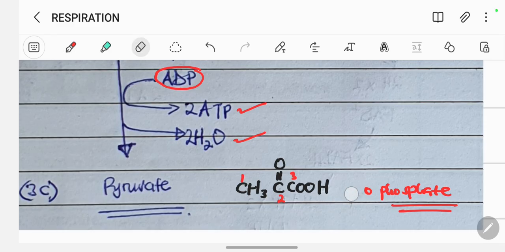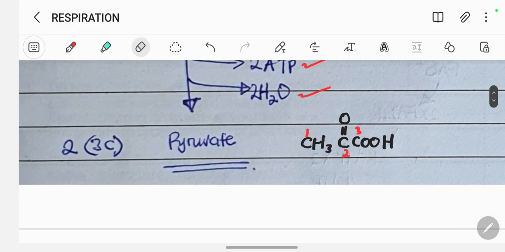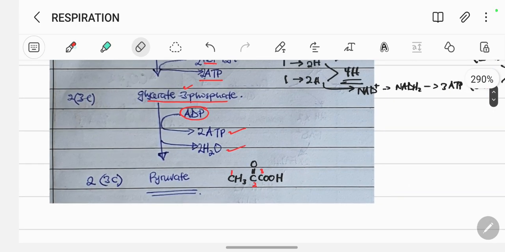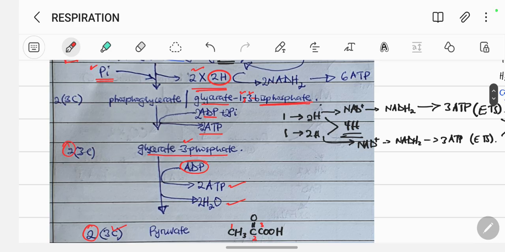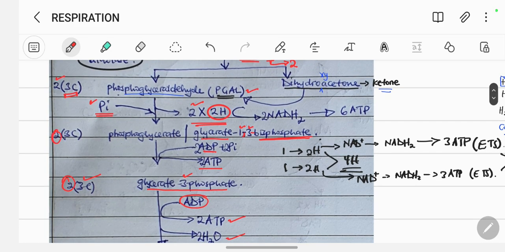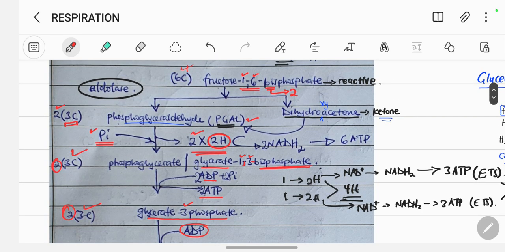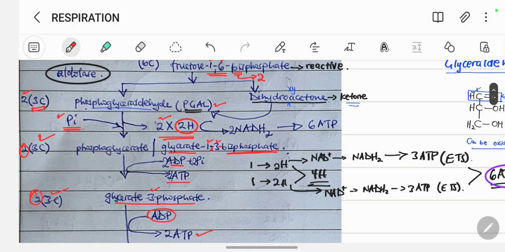So after seeing that, I want you to observe keenly this. We have 2 molecules of our pyruvate, 2 molecules of our glycerate 3-phosphate, 2 molecules of glycerate 1,3-bisphosphate, and 2 molecules of phosphoglyceraldehyde. So how did it come about?